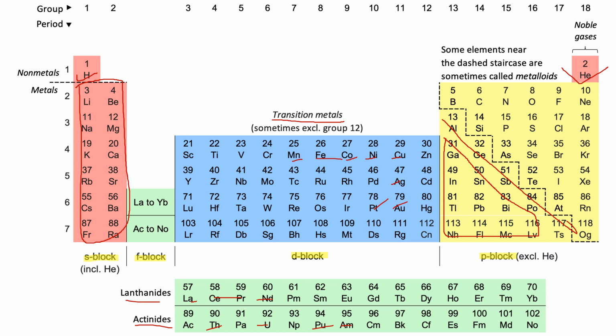This side is totally non-metals. But elements which are nearer to this line, for example silicon and arsenic, are called metalloids. Why metalloids? Because they share properties with metals and non-metals. They are actually in between them.